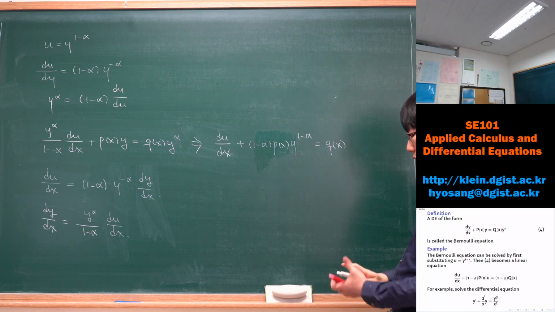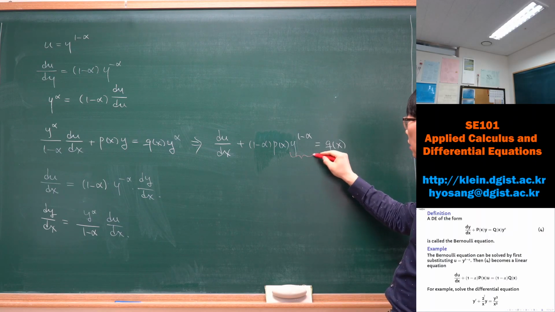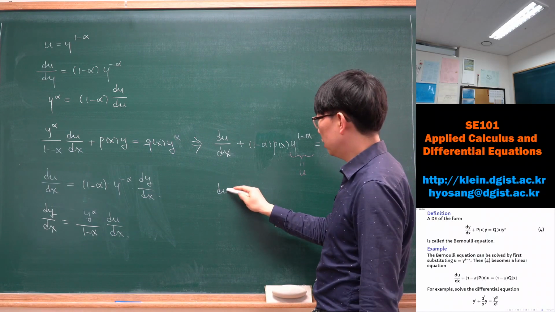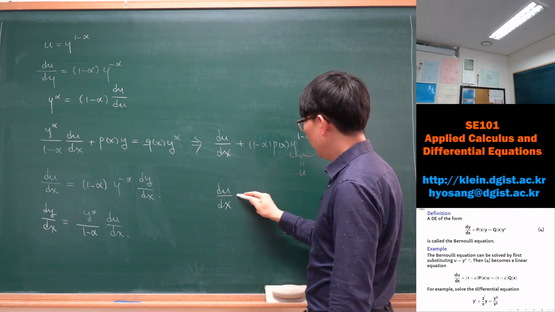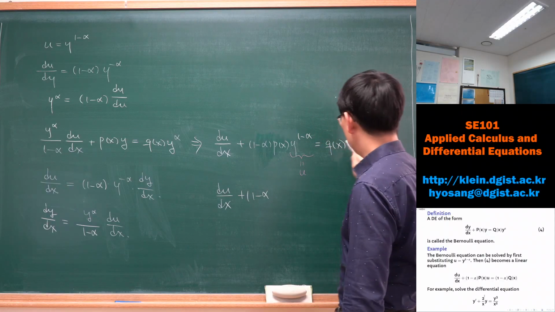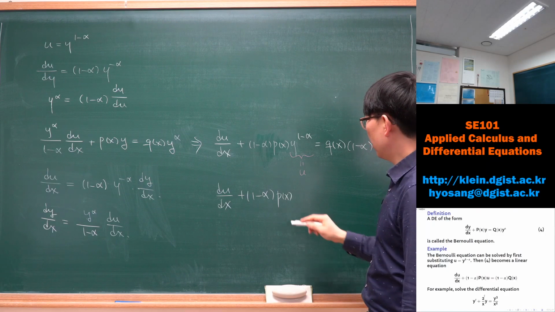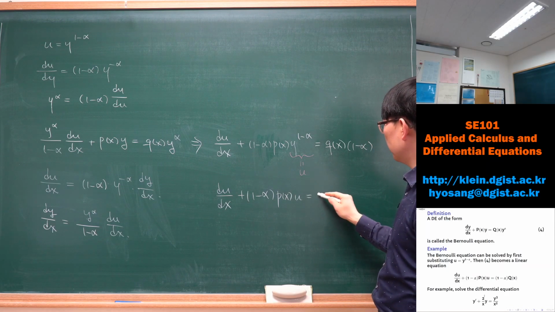Okay, so this y to the 1 minus alpha is simply u. So that's how we get a first order differential equation, a linear differential equation.